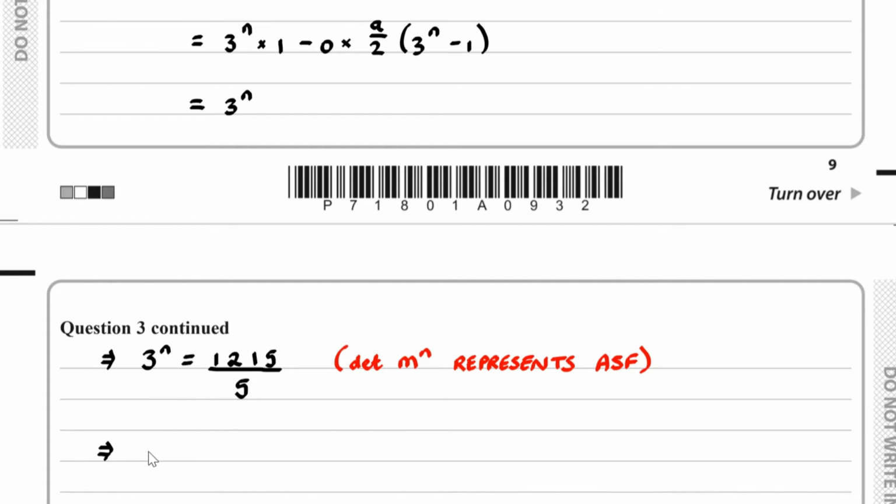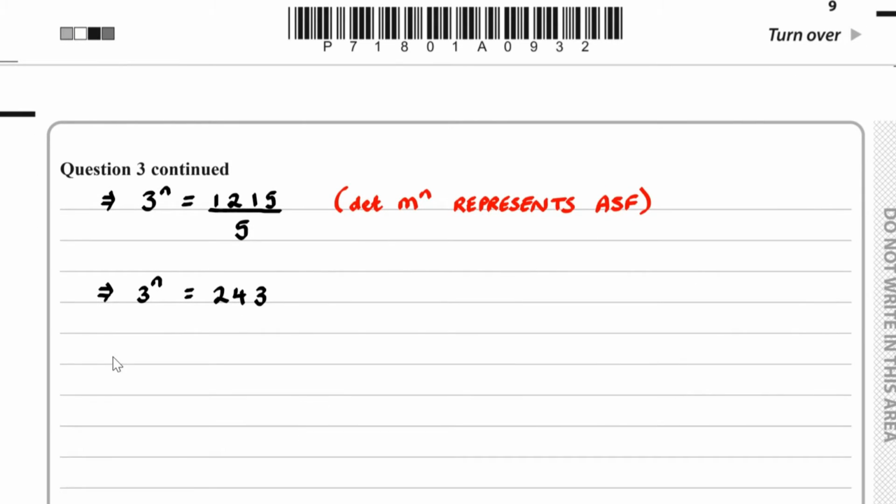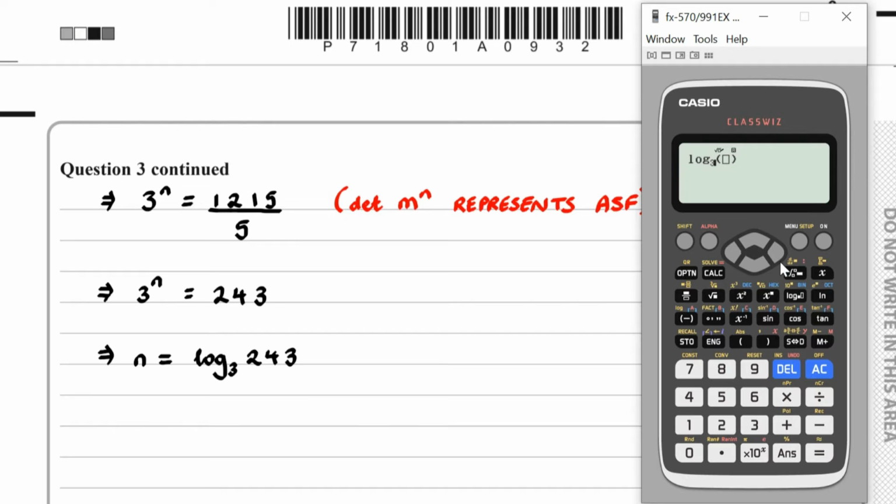So we have 3 to the n equaling 243, which means n is equal to log base 3 of 243. So working this out, we get 5. So we have n equals 5.